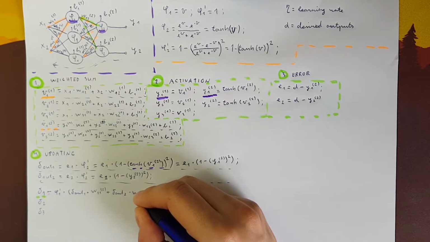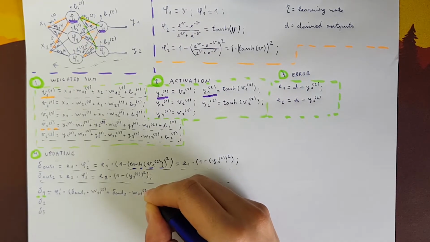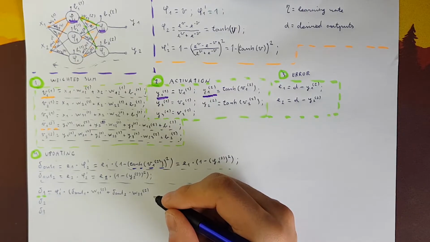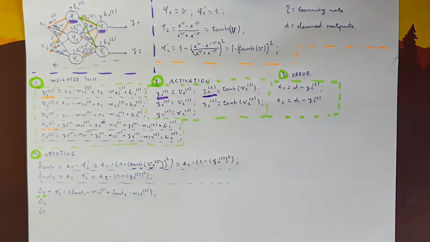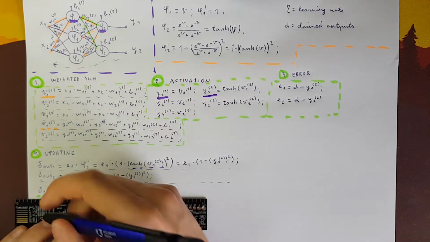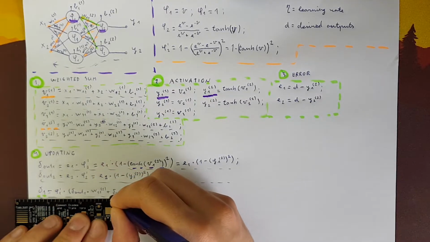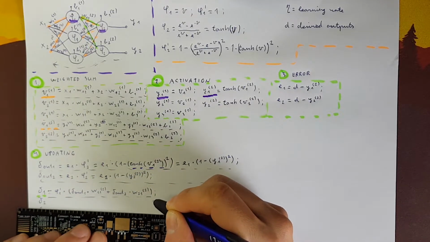So W21 of the second layer. And yeah, that's it. That's how you calculate the deltas for our first layer.